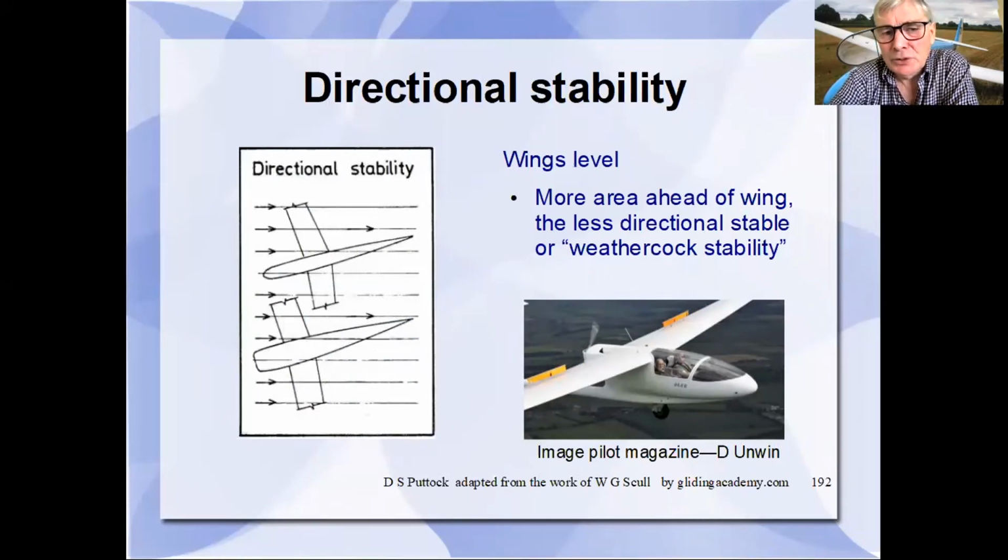One, to give directional stability, the fin and the fuselage are in the airflow and being pushed back to get it back in line with the relative airflow. But if you've got a large area in front of the wing, that's opposing that returning force. So the more area ahead of the wing, the less directionally stable the aircraft is, or weathercock stability is reduced.